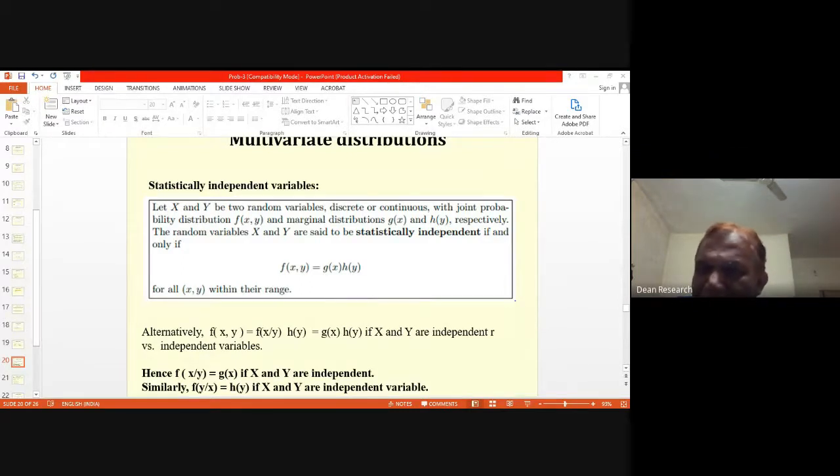That also will mean that your conditional distribution is the same as, for example, f of x given y is same as g of x. Similarly, f of y given x is same as h of y. If this is possible, then we can say that x and y are independent random variables. Okay? Conditional probability will be of no consequence in this case.